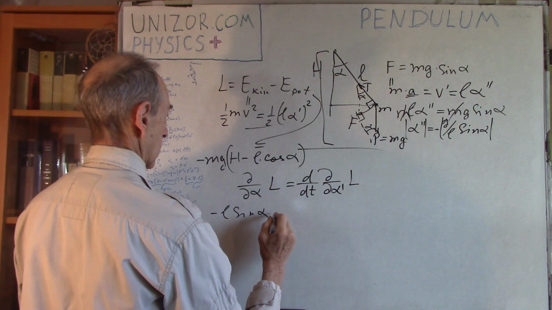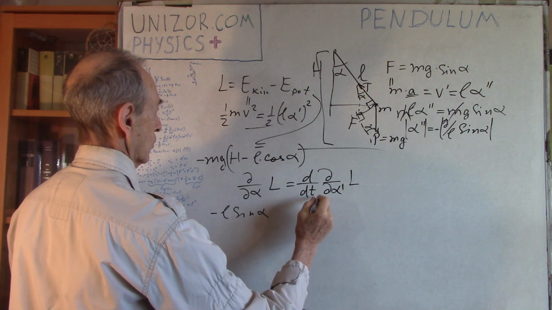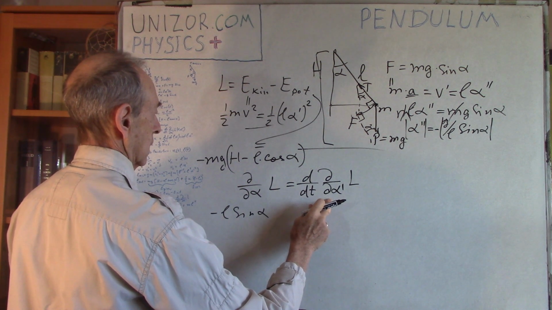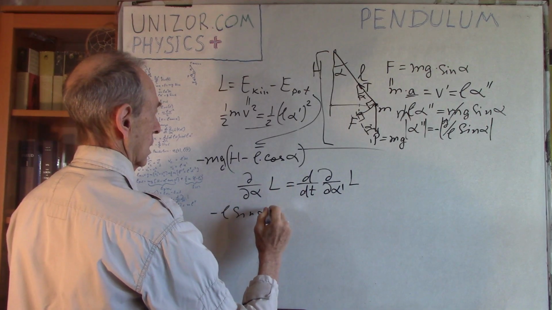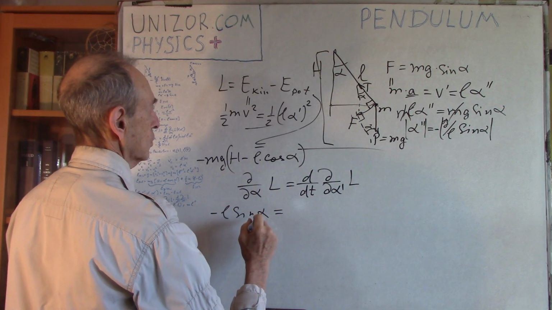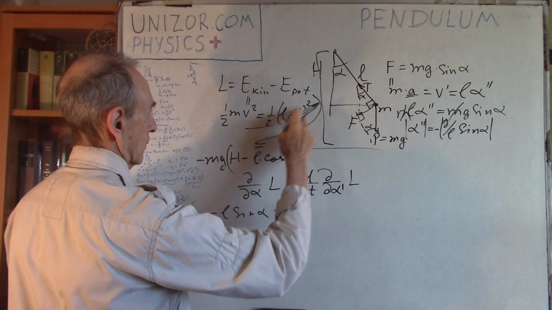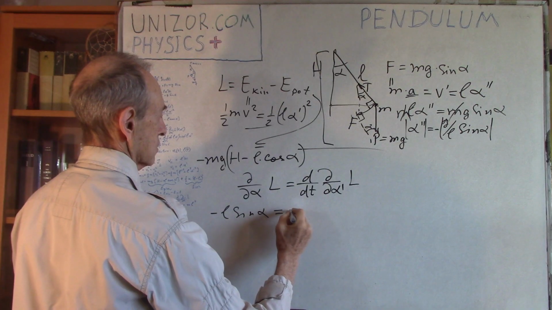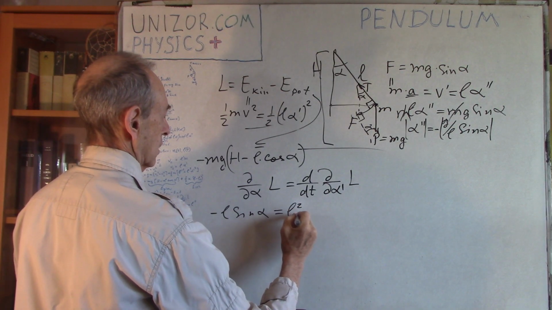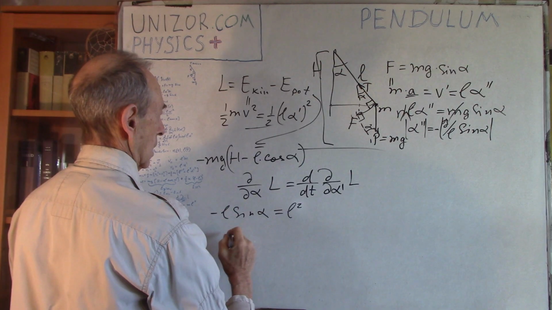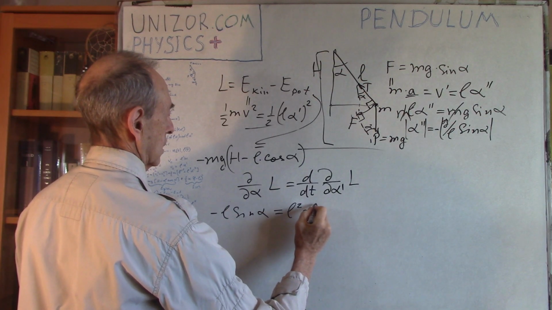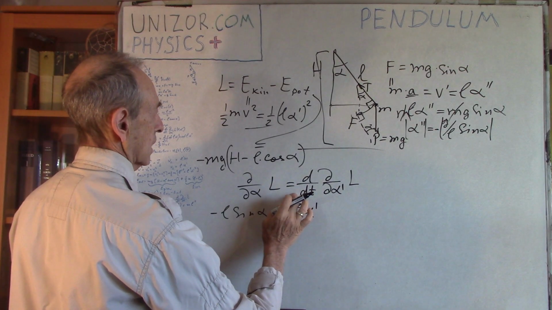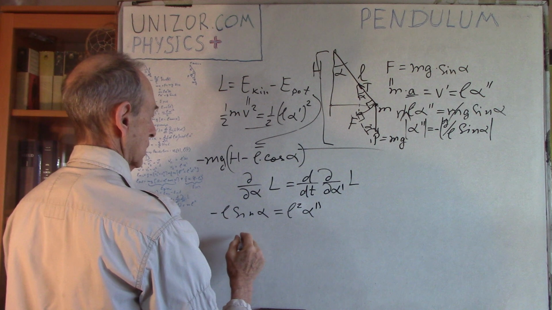Now, on the right side, it would be the derivative by this, and that would be only from this one. So it would be equal to, square would be 2 and 1/2 is cancelled, so it would be L square alpha prime. That would be the partial derivative, and then by time it will be another derivative here.